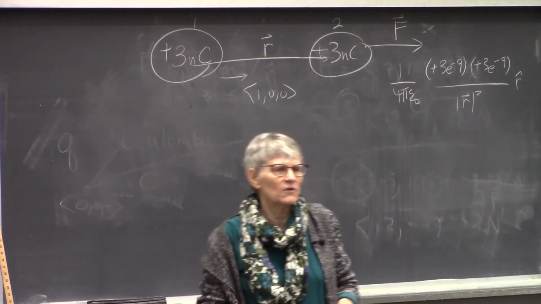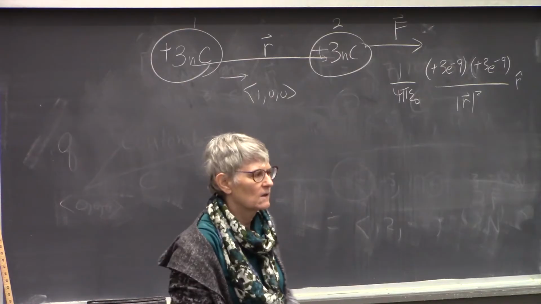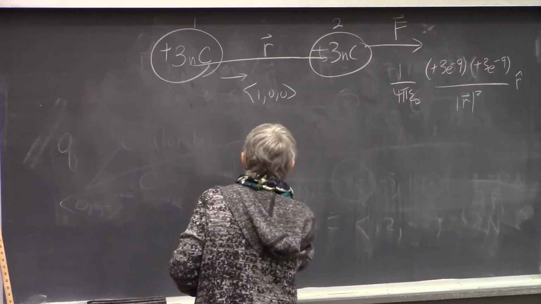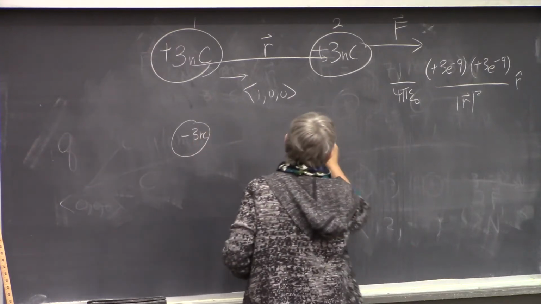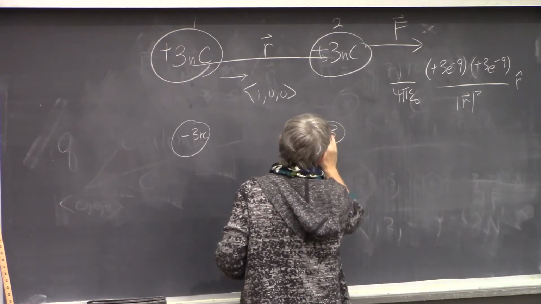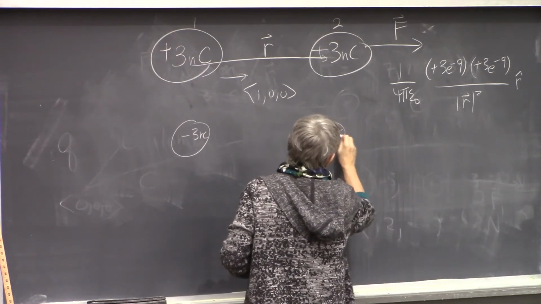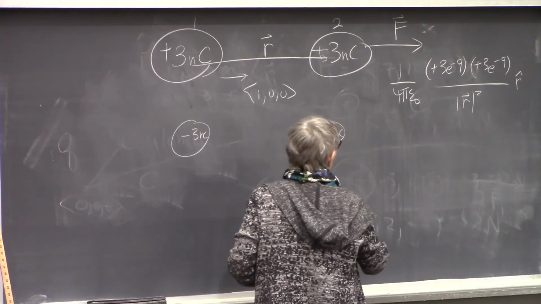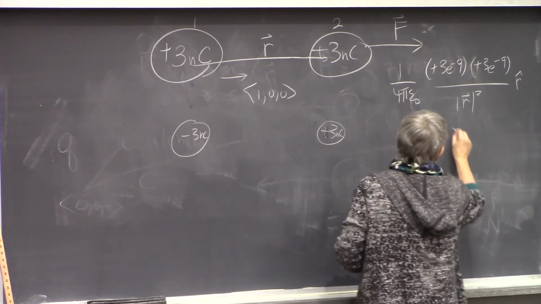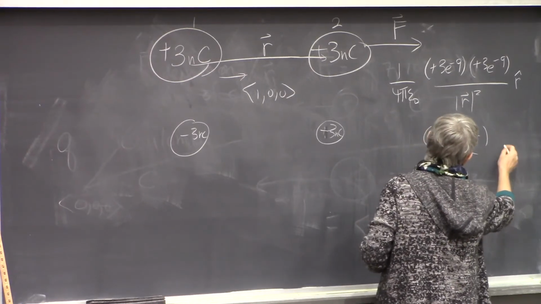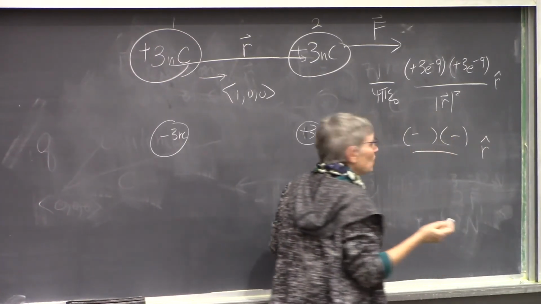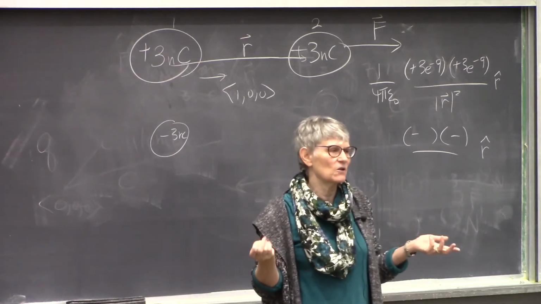What happens if they're both negative? Same thing, right? Because if we had a minus 3 nanocoulombs here and a minus 3 nanocoulombs here, we'd have a minus times a minus times R hat, and we'd still get a force in the direction of R hat, so that works out okay.